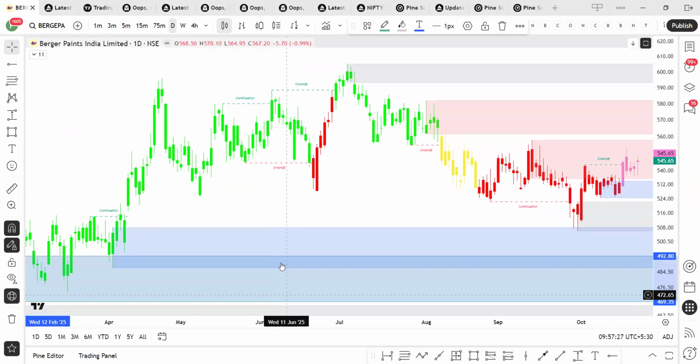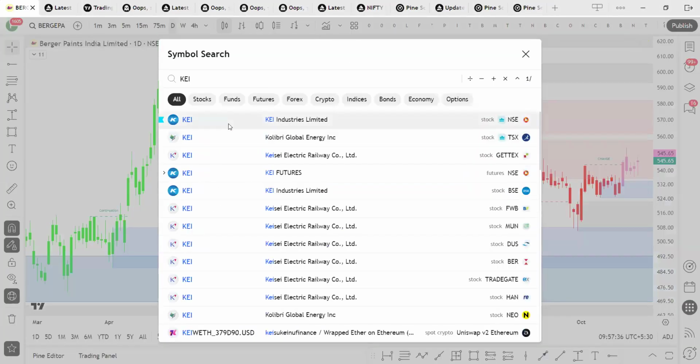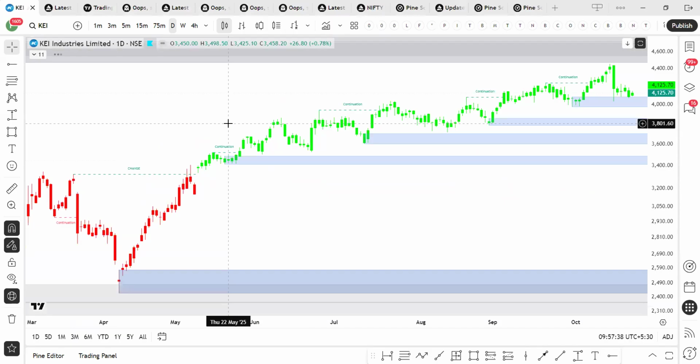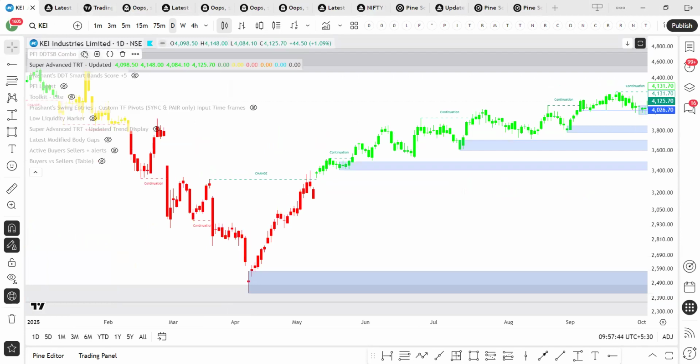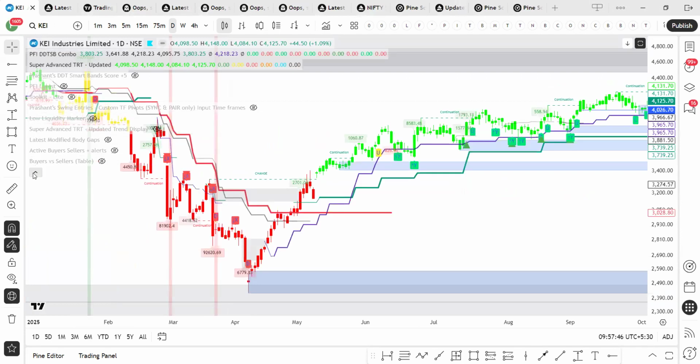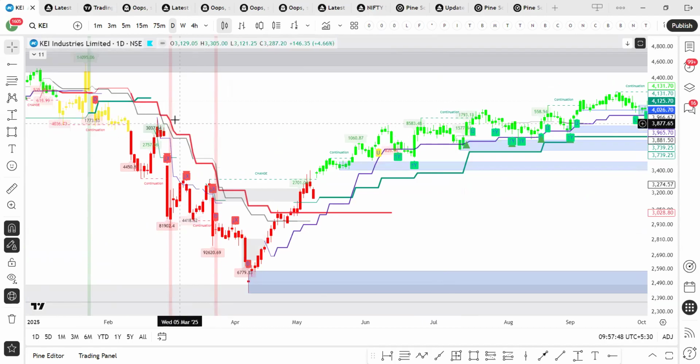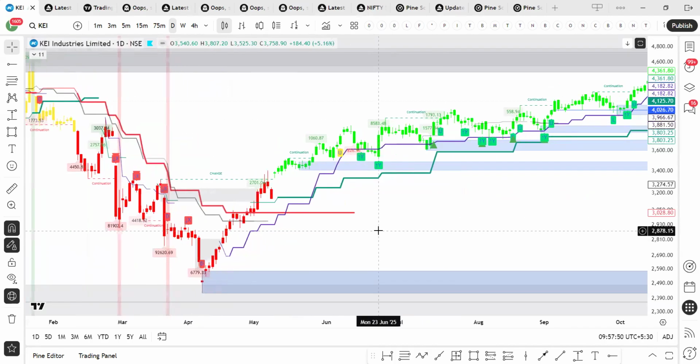Okay, so that was Berger Paint, then KEI. And this is a chart of KEI. There was a downtrend. Very strong PFI numbers on downside.